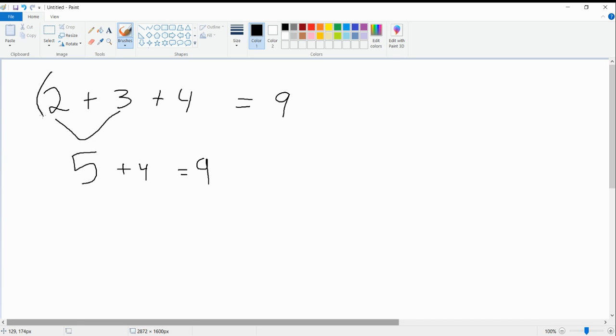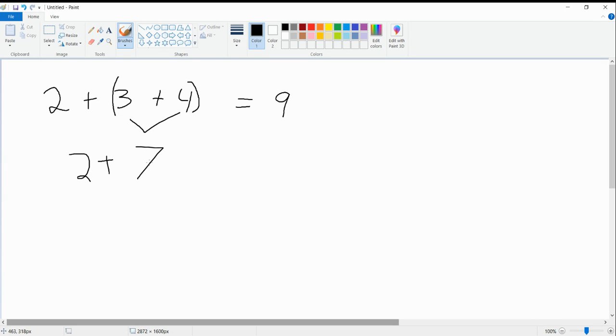We did 2 plus 3 first, and then we added our leftover number here. We can also say, okay, well, let's start with the 3 and the 4. 3 plus 4 is going to be 7. 2 plus 7 is going to equal 9. So with the associative property, we can associate any 2 numbers first before we do the other number.